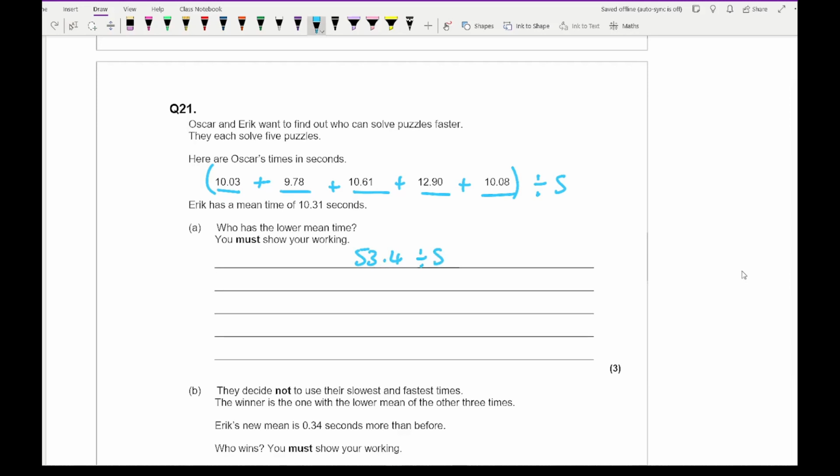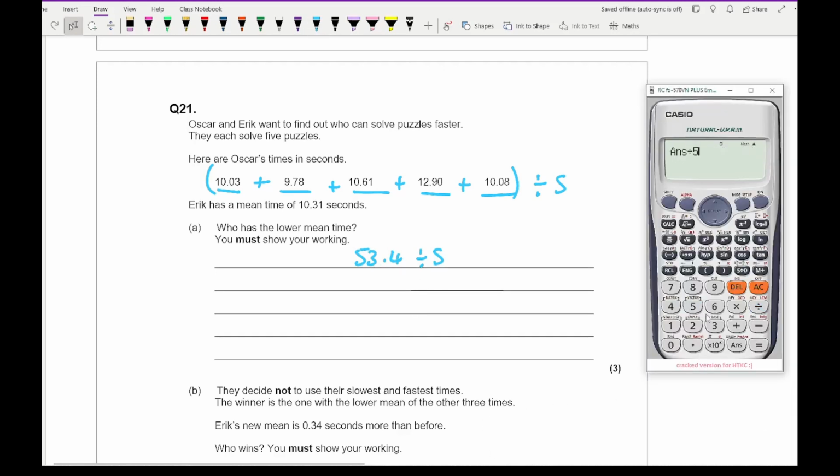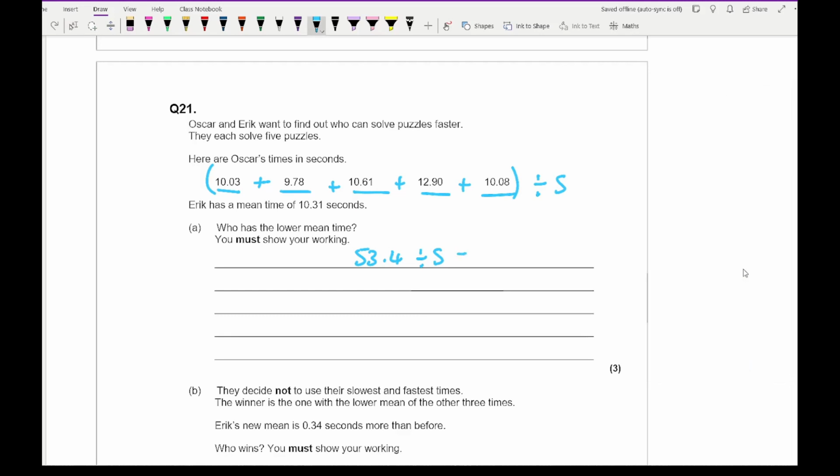I'm going to divide that by 5, giving me Oscar's average as being 10.68. So who has a lower mean? Eric has a lower mean, and that's because 10.31 is less than 10.68.